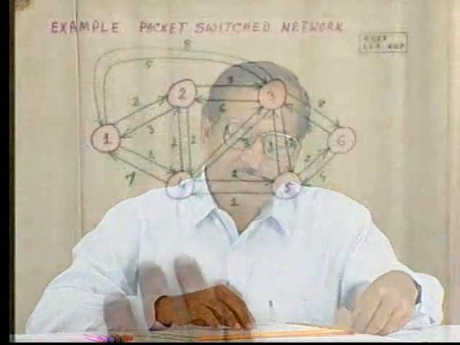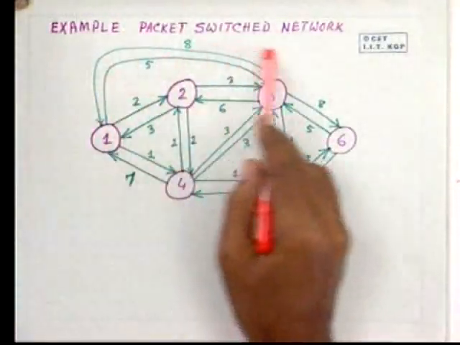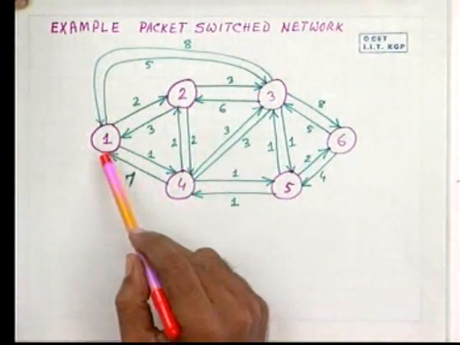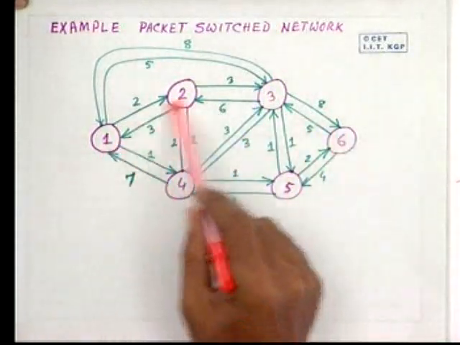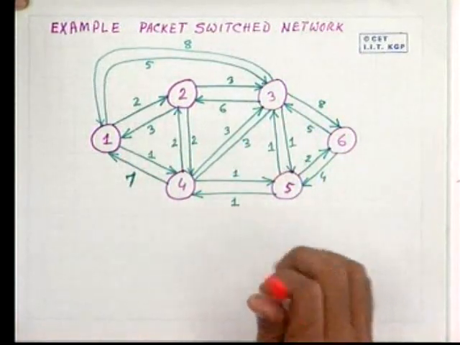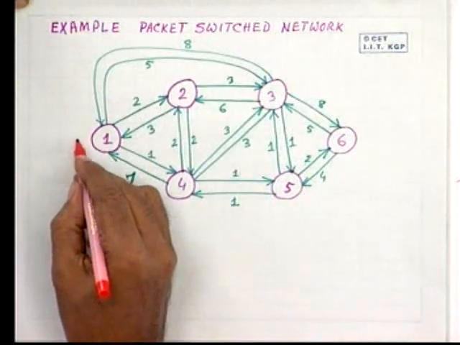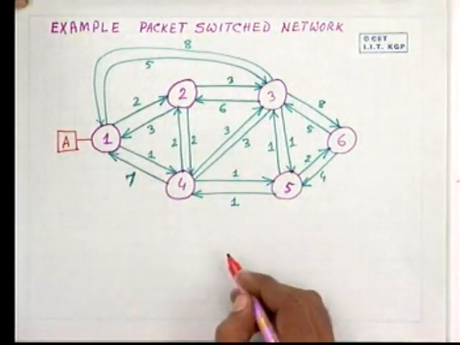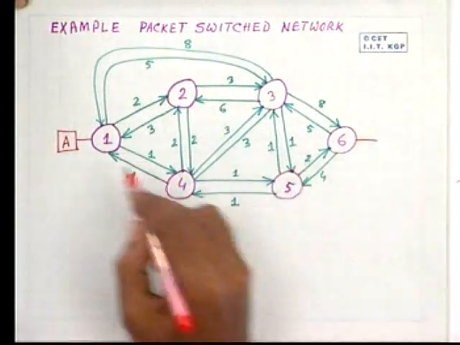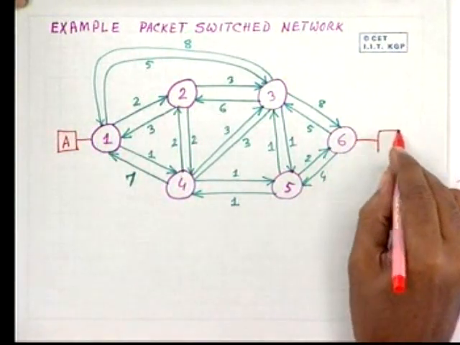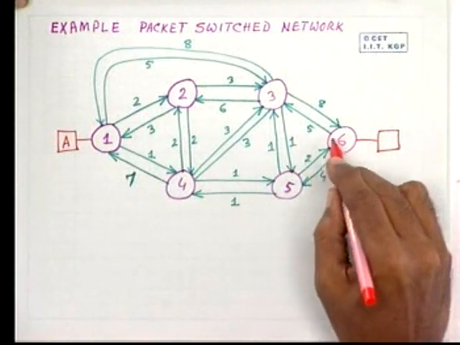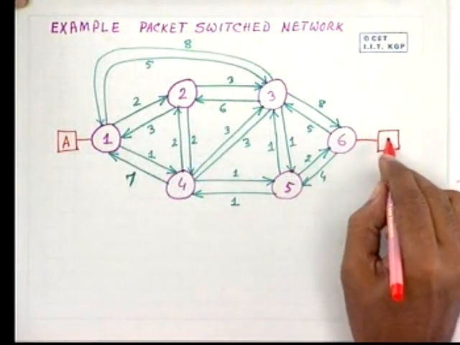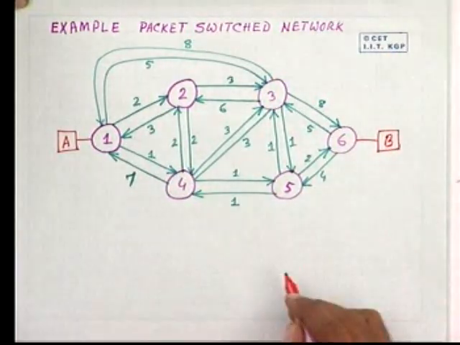Let us have a look at this example packet switching network where you have got 6 nodes which are packet switching nodes, and obviously there are stations connected to it. Say A is connected to node 1, node 6 is connecting station B, and so on.